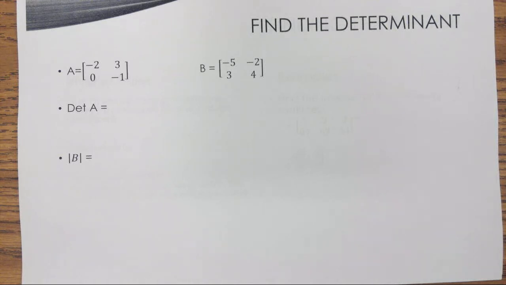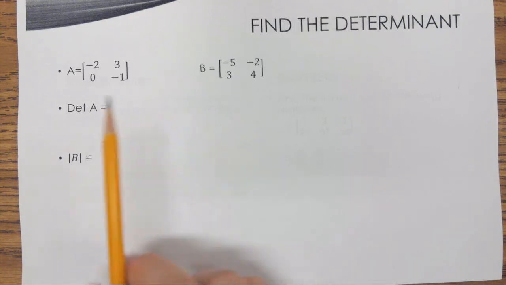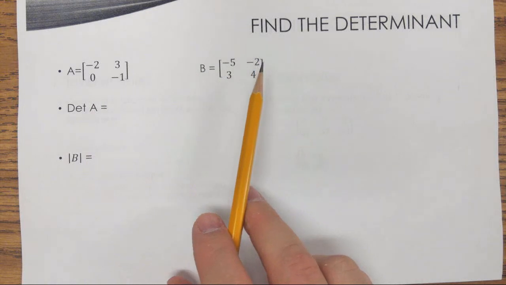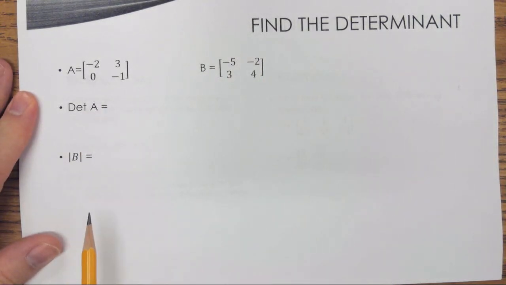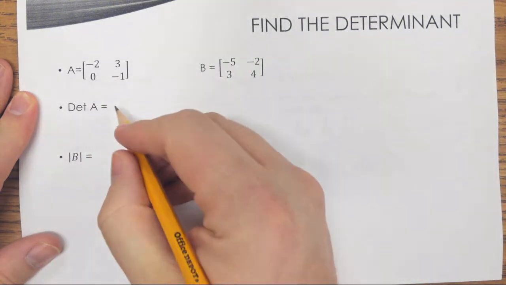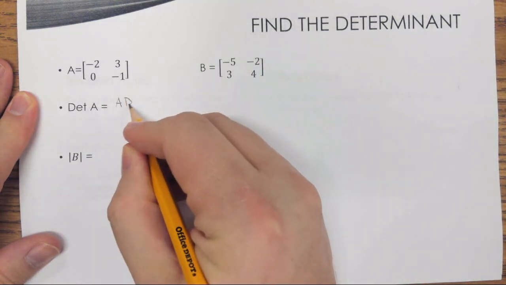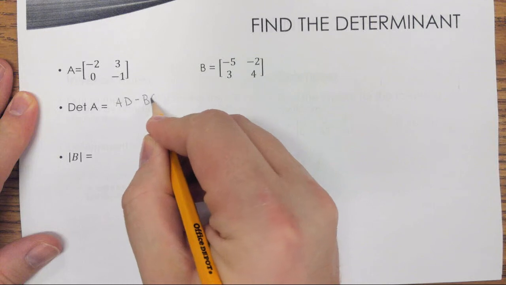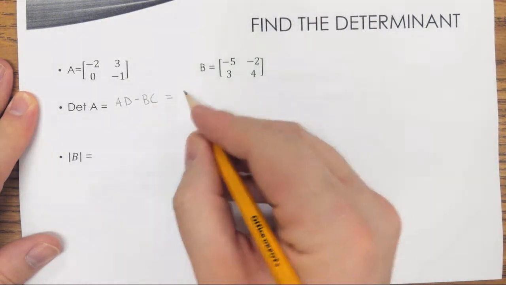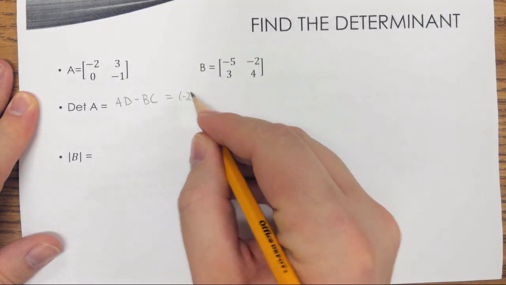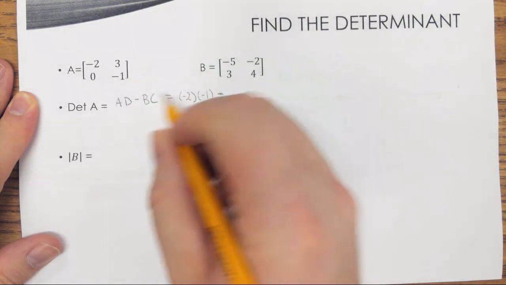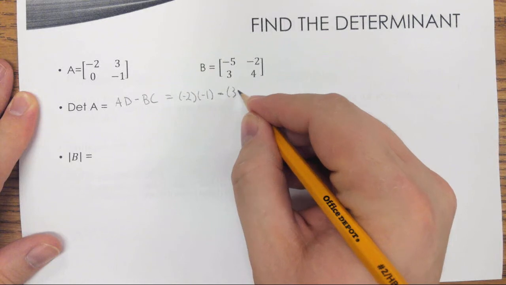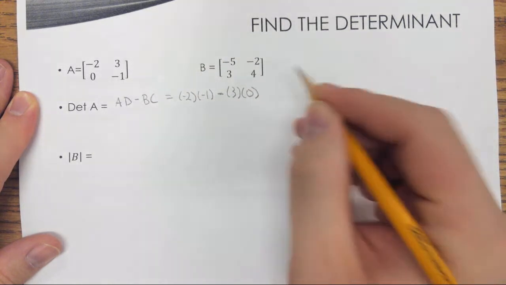Alright. So here we've got matrix A, and here we've got matrix B. We're looking for the determinant of A. So we're going to do A times D minus B times C. A is negative 2, D is negative 1, minus 3 times 0.